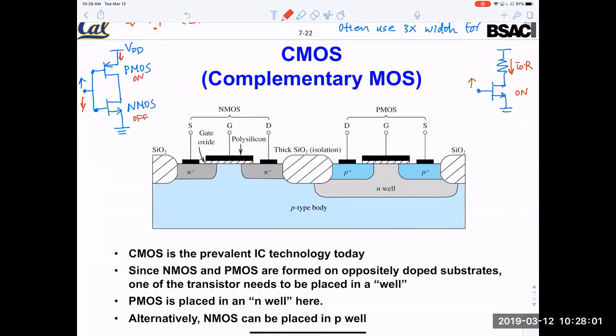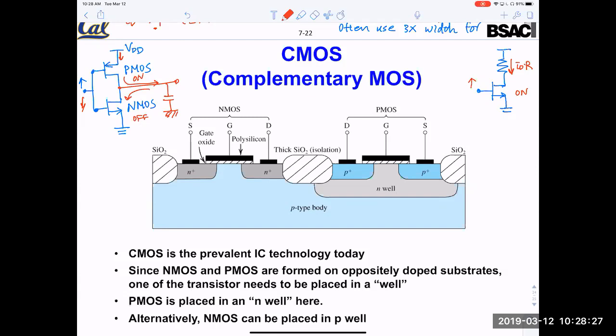Only with CMOS, cutting down the DC current, does current flow only when you are charging your load capacitor, as we mentioned at the beginning of the lecture. The current only goes to charge the capacitor, or in the alternative case, you drain the charge on the capacitor.